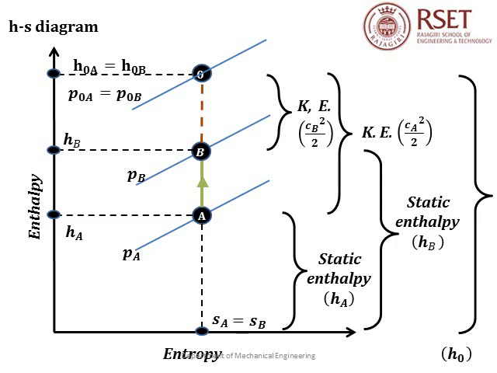In an HS diagram, as we move towards the positive y-axis, we see that the pressure value goes on increasing. Therefore, we can say that the pressure PB is greater than PA. Therefore, when the fluid moved from point A to point B, it experienced a certain level of compression, and its pressure increased to a higher value represented by PB.